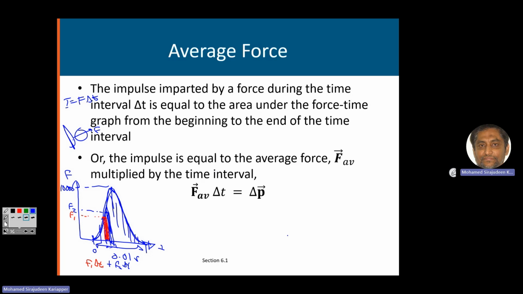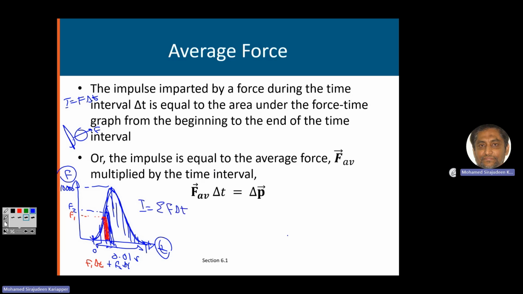That means, in other words, the impulse will be the total area under the curve of force versus time. So for a varying force also, you can say the impulse is equal to the sum of all these small areas.